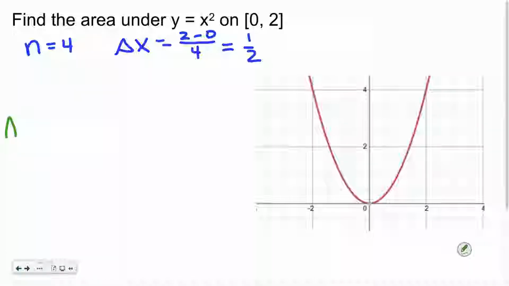So let's talk about our area. On the front, if you want to draw these, find the y coordinates at each place, and then we make trapezoids out of them.